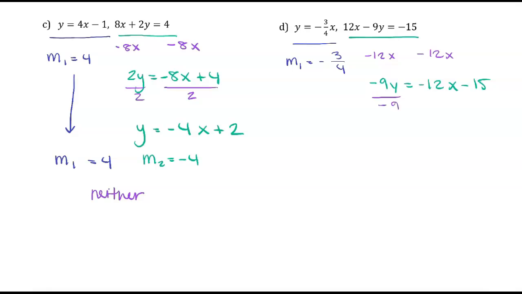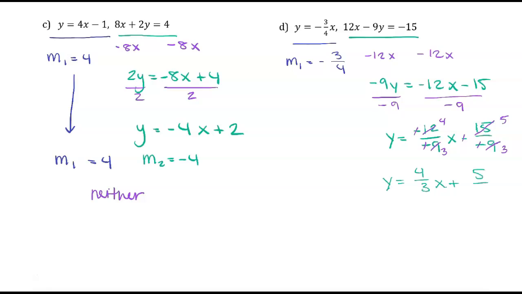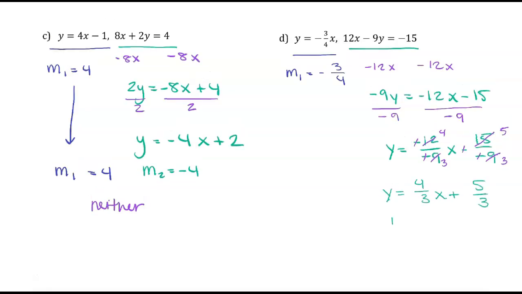Dividing both sides by negative 9 gives us y equals negative 12 over negative 9, x, minus 15 over negative 9. Simplifying gives us y equals positive 4/3 x plus 5/3. Now we know that the slope of our second line, m2, is equal to positive 4/3.